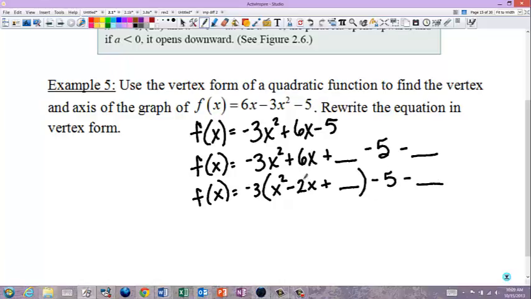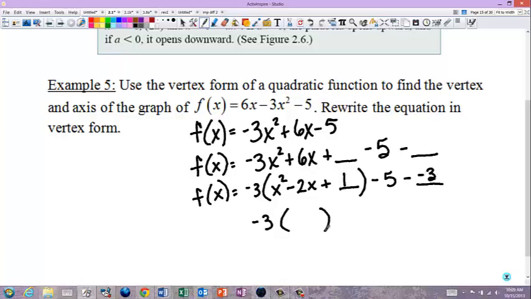And then it's what goes in the blank. Half of negative 2 is negative 1, squared would be a positive 1. And in my blank, I can't change my equation, so whatever I added onto my equation here, I have to subtract. So negative 3 times 1 is a negative 3.